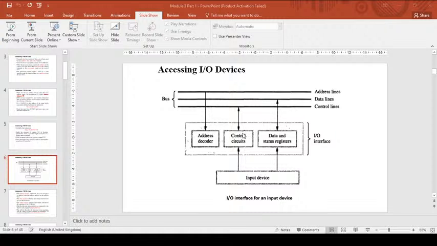Whatever we enter from the keyboard will have its corresponding 8-bit ASCII code. Data in holds that, and when it is sent to the display device by the processor, the display device has a data out register which takes it and then does the necessary action, either printing or displaying.